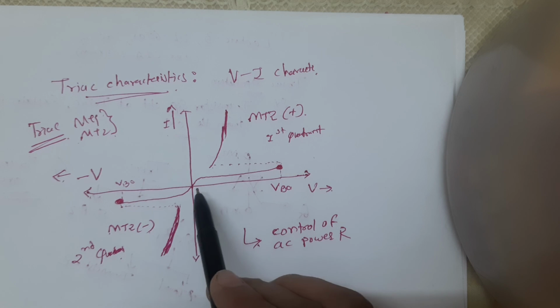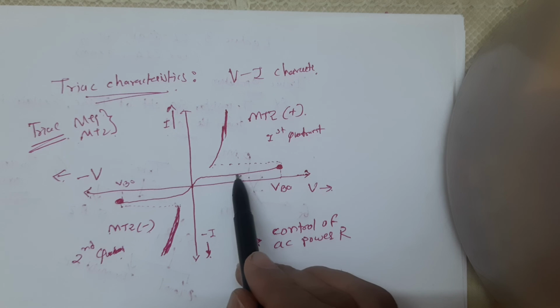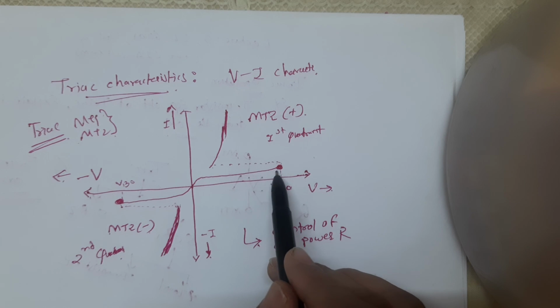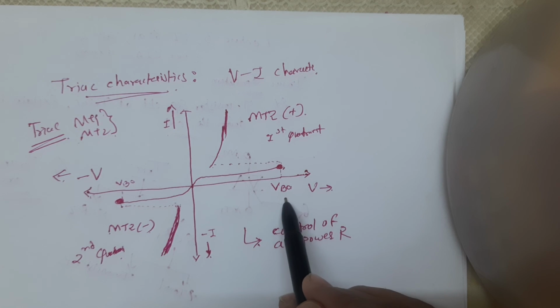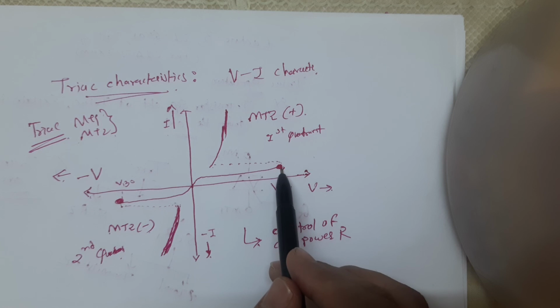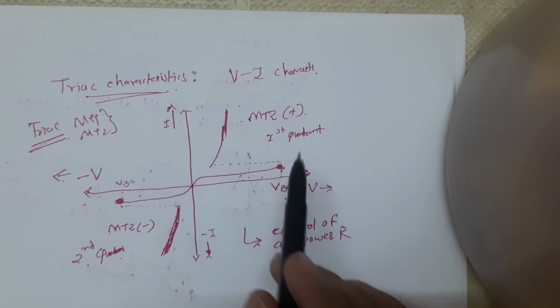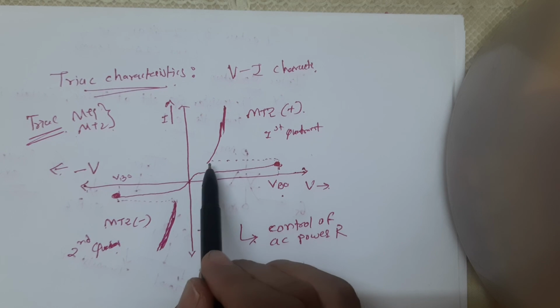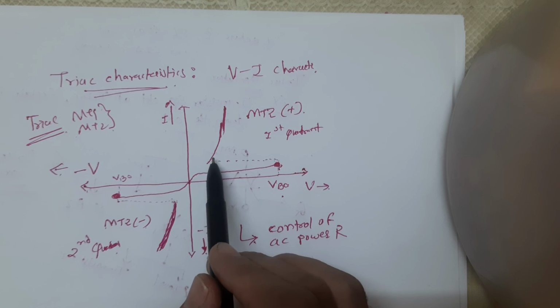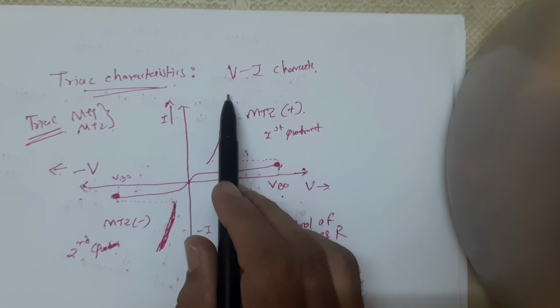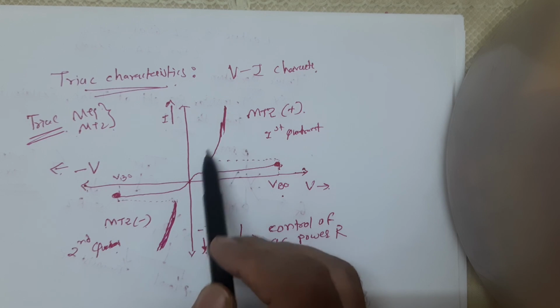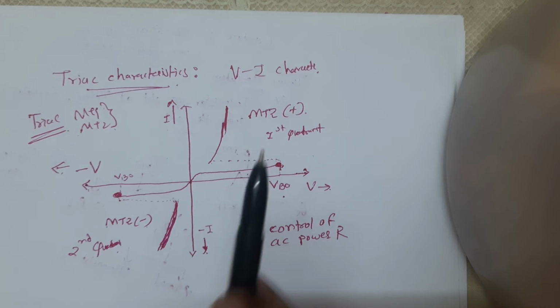That means in the initial condition, the voltage is applied, and the current we get is very small. But when it reaches the VBO breakover voltage, then it fires. That means it is in the switched on condition. When the triac is switched on, in a very small period of time we get the maximum current.